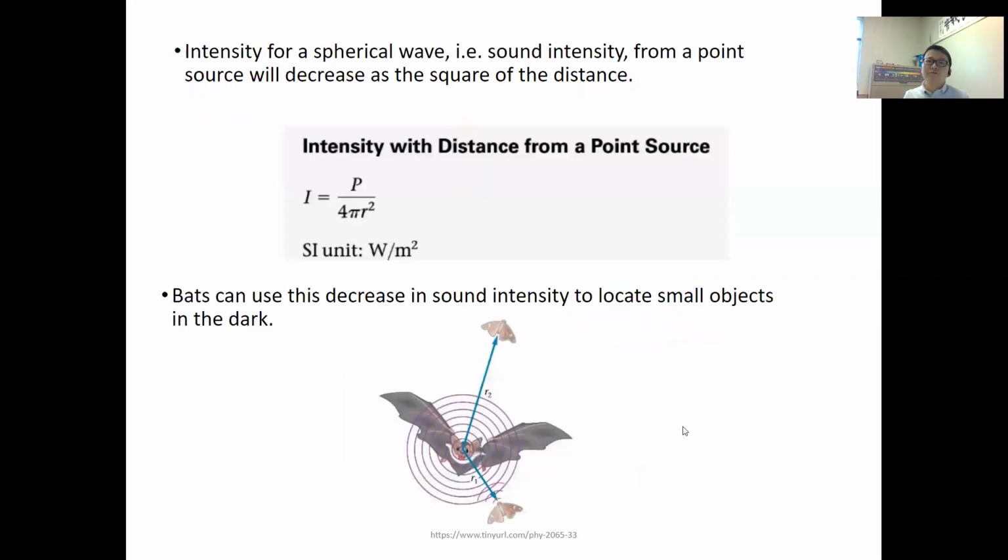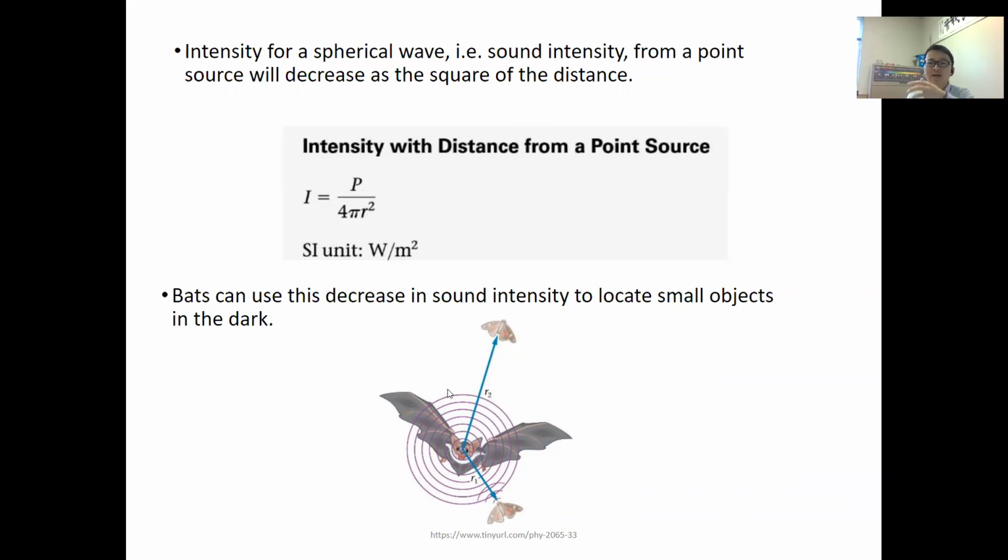Now, a lot of times a wave comes out as a point source, so it propagates three-dimensionally in the radial direction outward. So the area at a certain point a distance r away will be the spherical area, 4 pi r squared. So I equals P over 4 pi r squared.